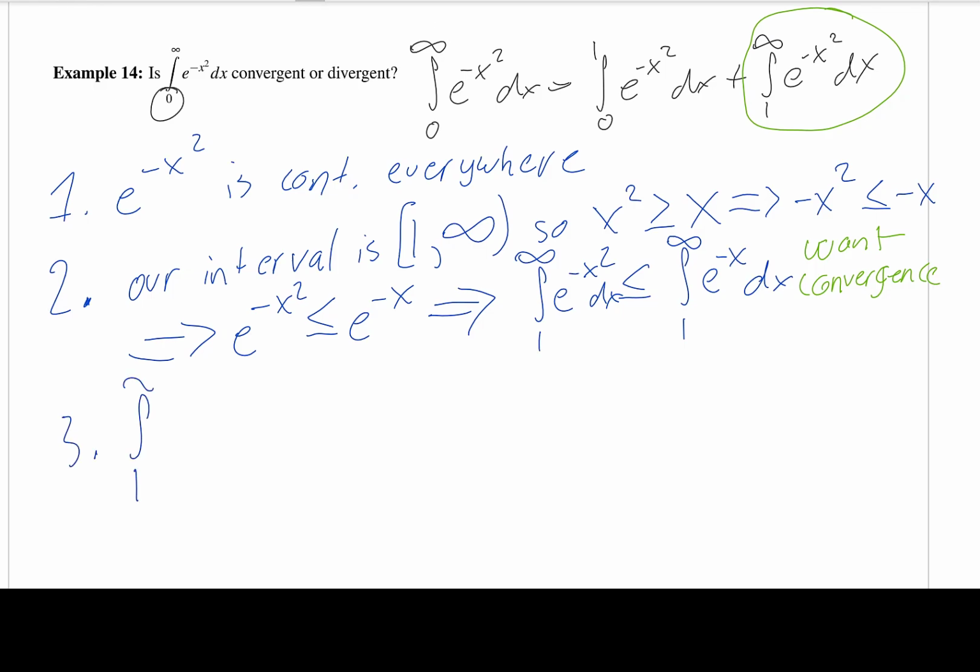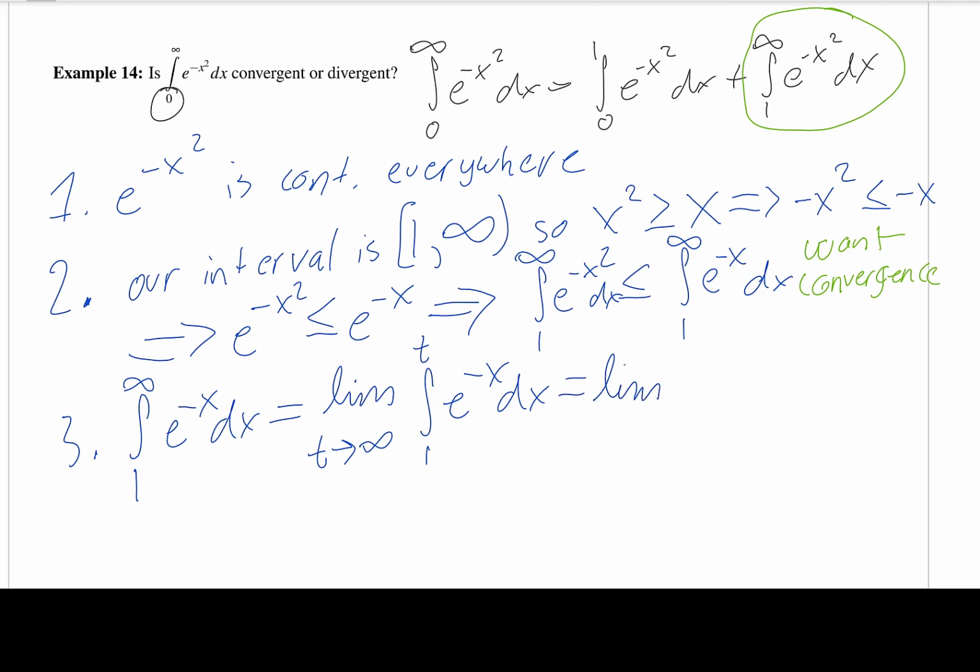So we're calculating the integral from 1 to infinity of e to the negative x dx. Well, that's going to be the limit as t goes to infinity of the integral from 1 to t of e to the negative x dx.